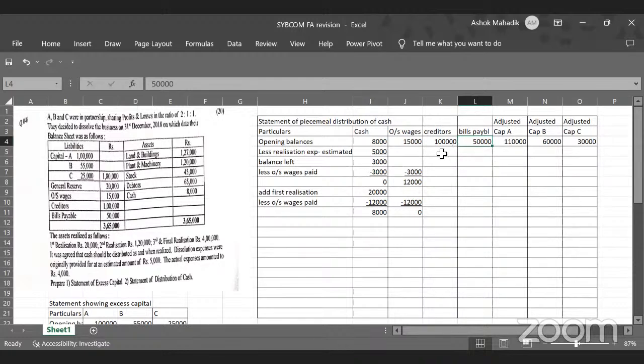So can I say the ratio is 2:1, isn't it? So 2 plus 1, 3. So 2/3 to creditors and 1/3 to bills payable. Okay, so I can write here 2/3. How I got 3? 2 plus 1. Okay, and 1/3.